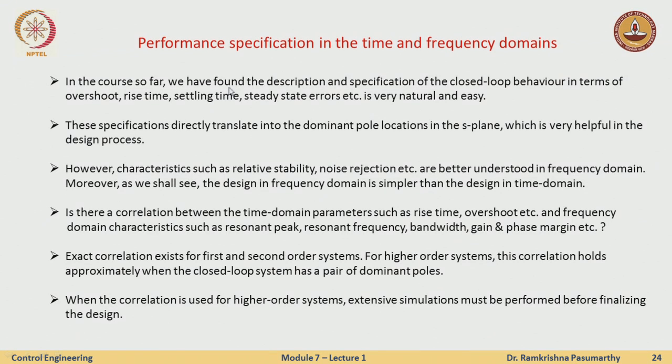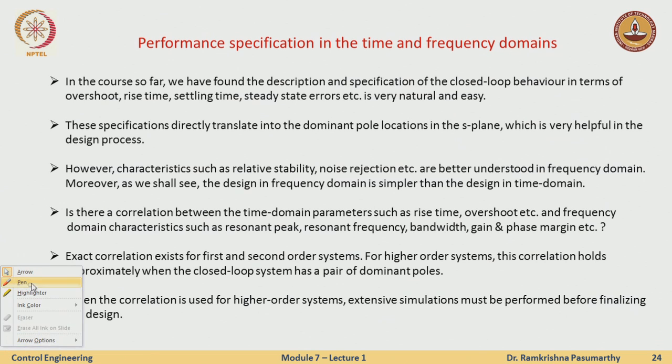So, what we have done so far is find the description and specification of the closed loop in terms of the overshoot, the rise time, settling time, steady state error, and these were very nice to visualize, right. And this actually came across as second order system analysis.